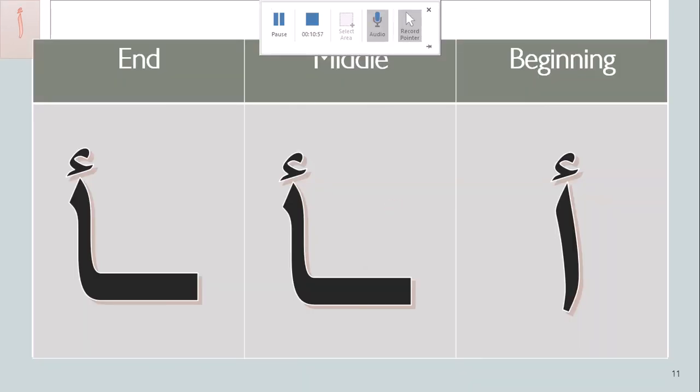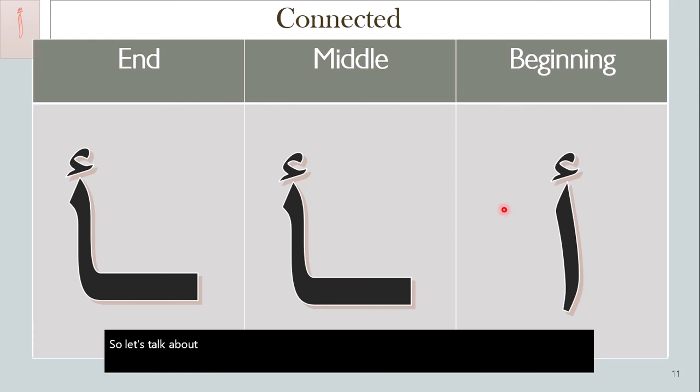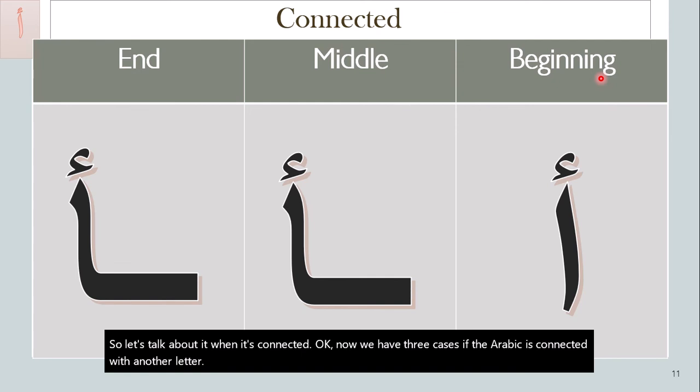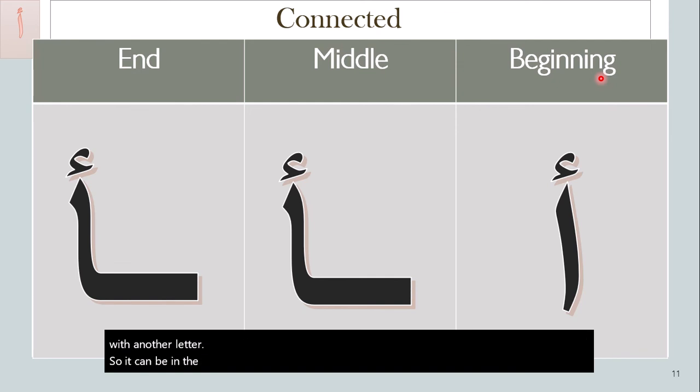So now let's talk about it when it's connected. Now we have three cases if the Arabic letter is connected with another letter. It can be in the beginning of the word, in the middle of the word, or in the end of the word.